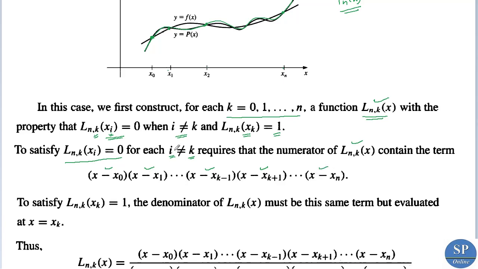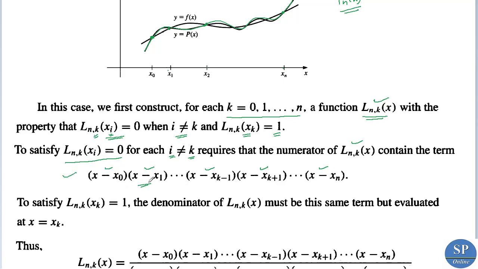For example, if i is not equal to k, say i equal to 1, then we have the factor (x - x1) here, so when we evaluate Ln,k at x1 the numerator has x1 - x1.